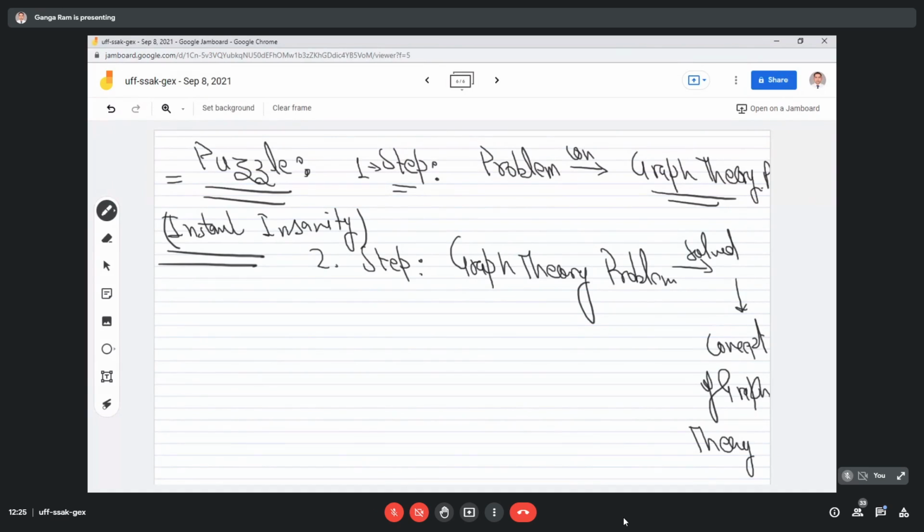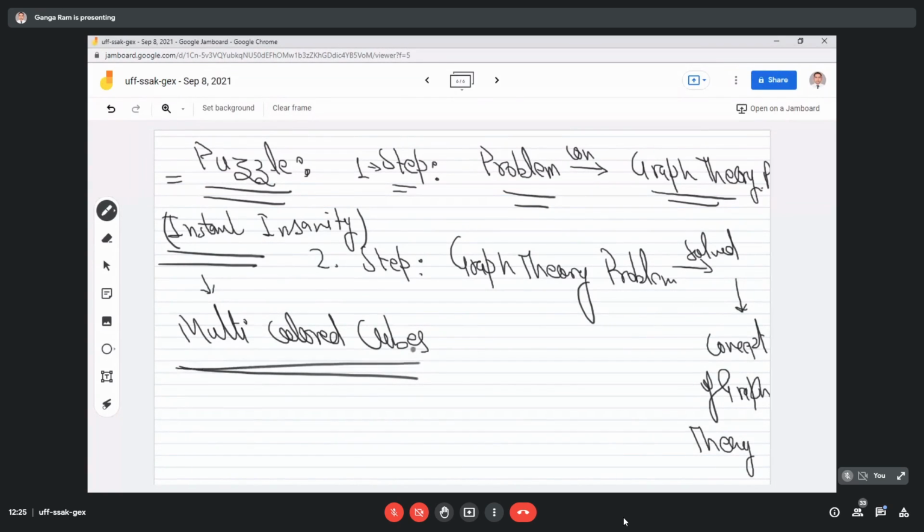And this puzzle problem is also called multicolored cubes. So this is the name of this problem. First of all, we have considered a problem. That problem is the multicolored cube problem.